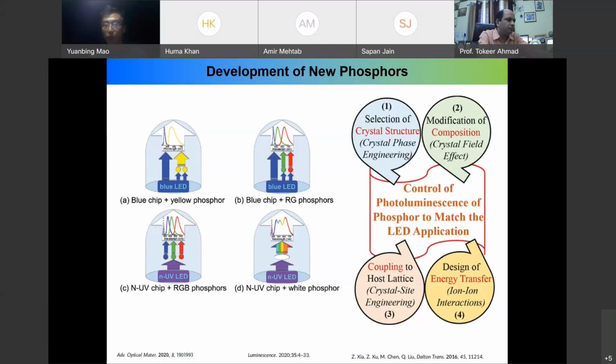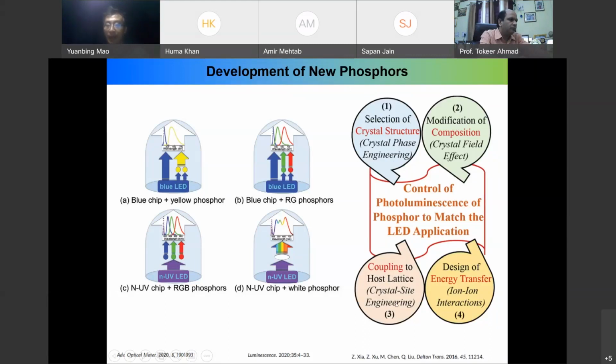There are 4 strategies. The first one is selecting a crystal structure, basically called crystal phase engineering. The other one is modification of composition, that is the crystal field effect. The third one is coupling to the host lattice, which is crystal site engineering.